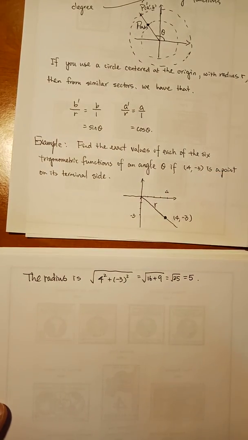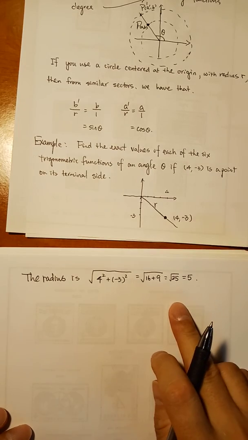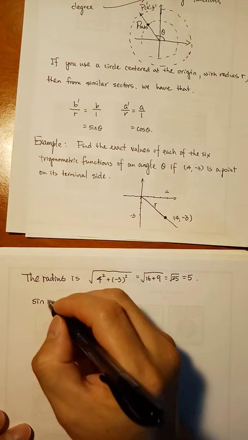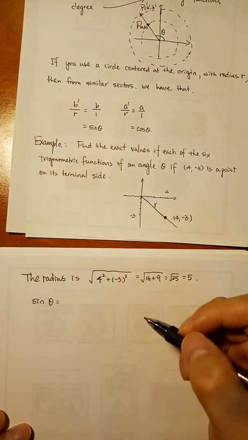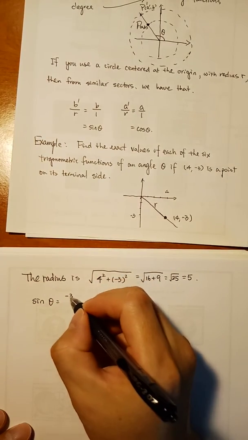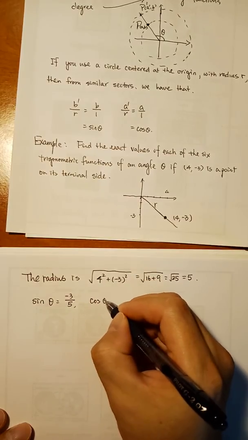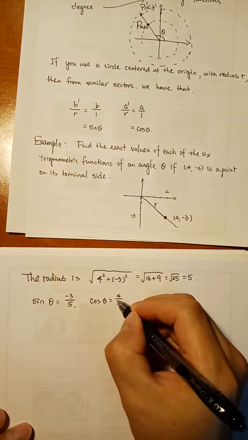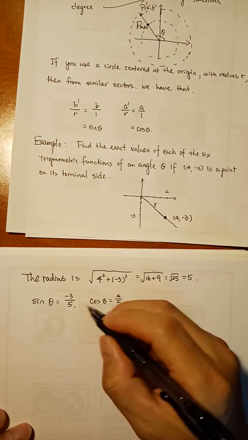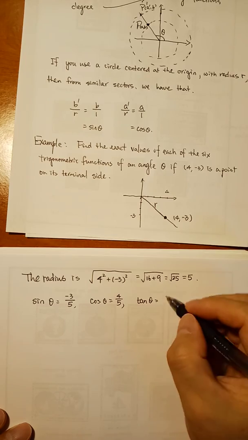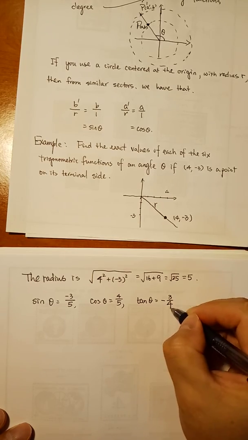Okay, so once you get the radius, then the sine of the angle theta is b over r. B is -3. R is always 5. And cosine of theta is x over r. And then once you get the sine and cosine, you get the tangent of theta is -3 over 4.